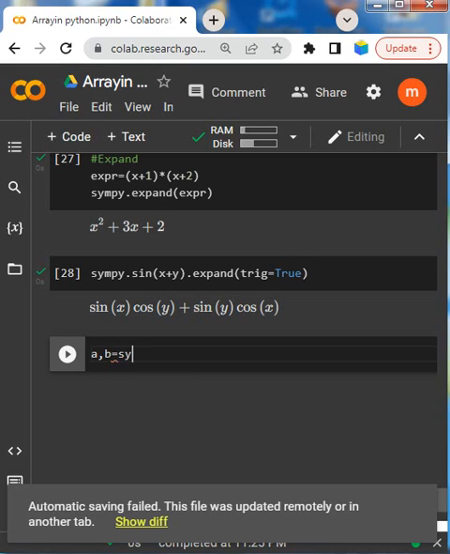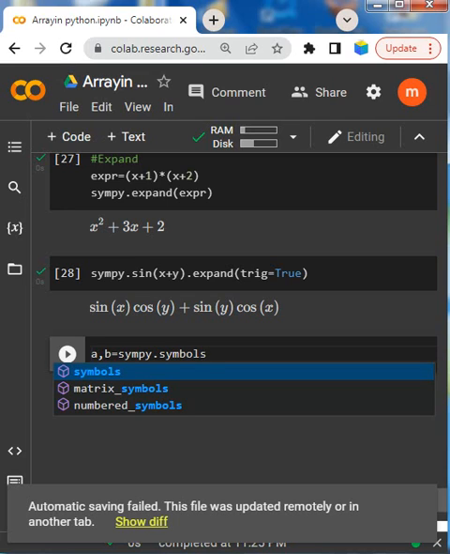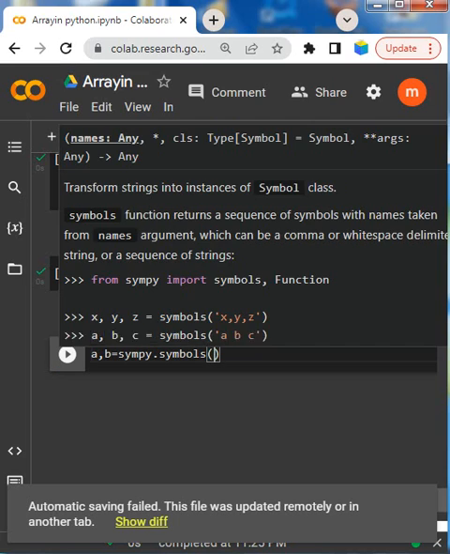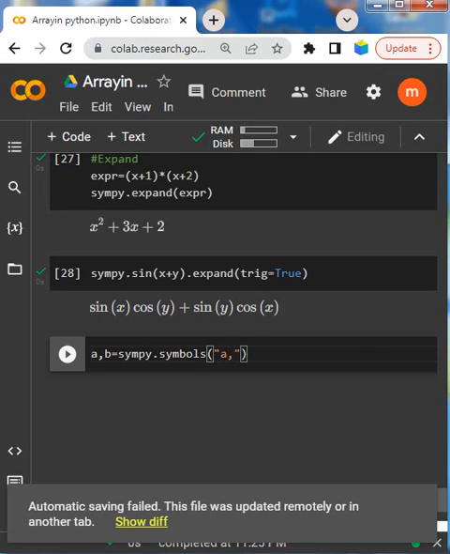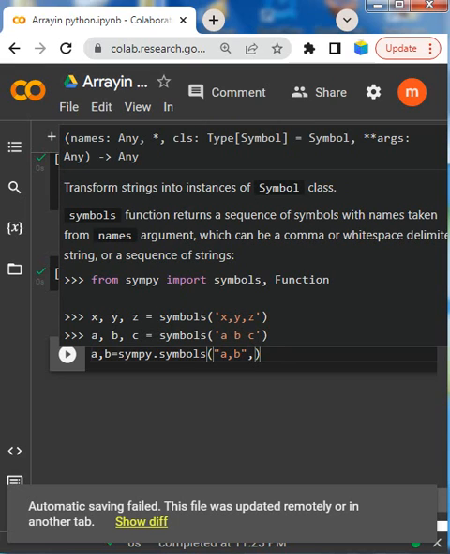Okay, so sympy.symbols, and now in brackets a, b, and positive=True.